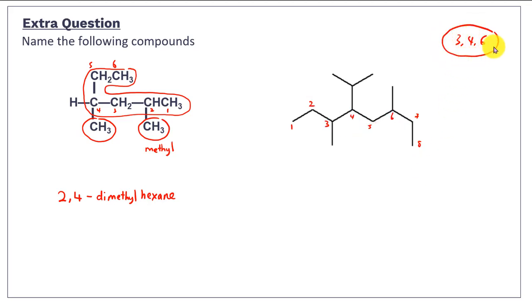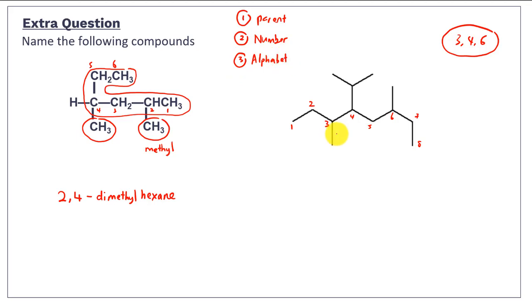Alright, so once you decide the lower set of numbers, next we want to look at the order. Remember, first thing is to find your parent. The second thing is put your numbers, whichever end is closer to your substituents and is the lowest. And then after that only we arrange the alphabets.